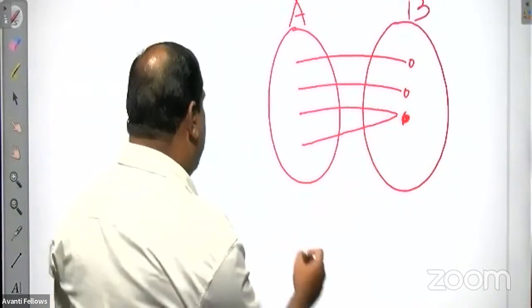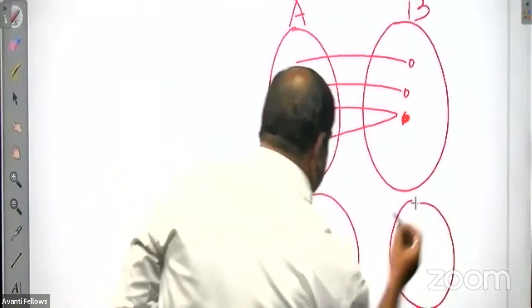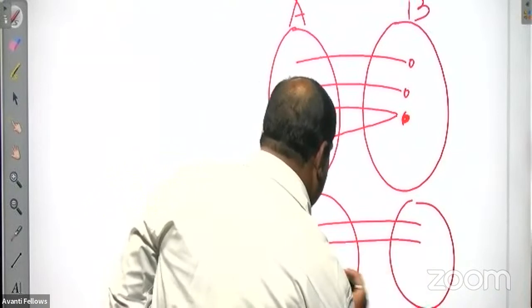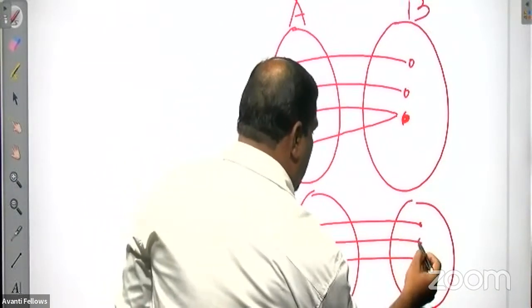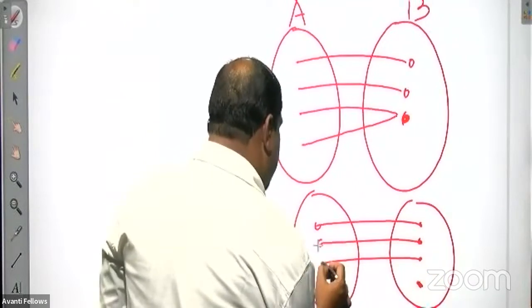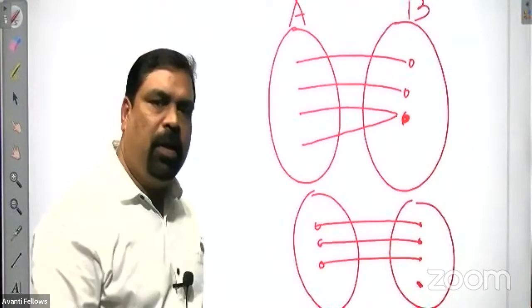Now let me take another arrow diagram, another function like this. It is very clearly 1-1, isn't it?